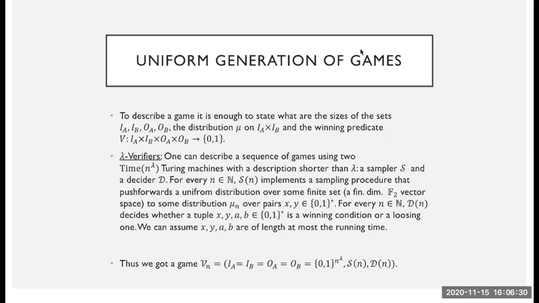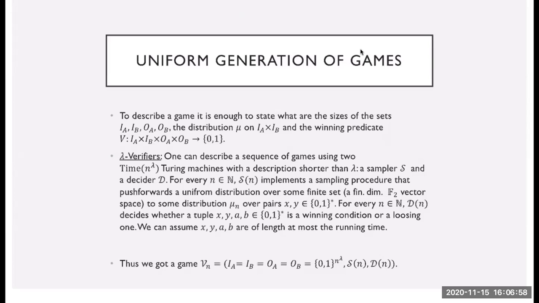And for any natural number n, Sn implements the following sampling procedure. First of all, it tosses some finite number of coins with uniform distribution, so it gets a uniform sequence of bits of some length. And then it does some computations, like a Turing machine.